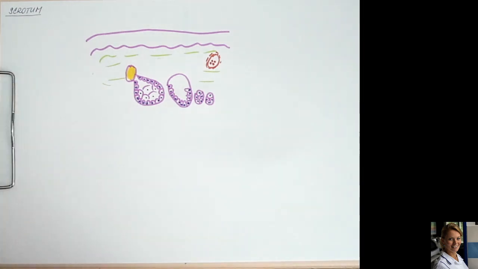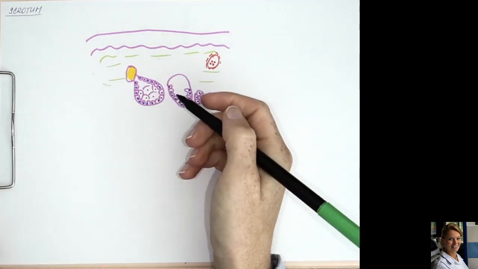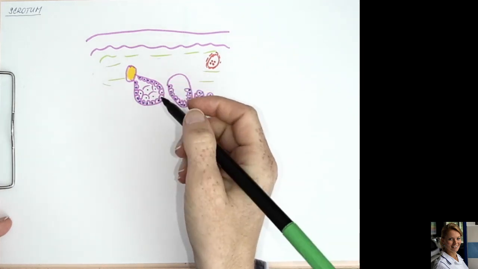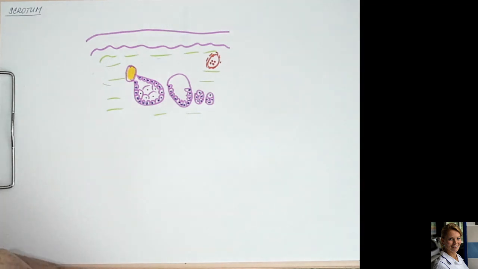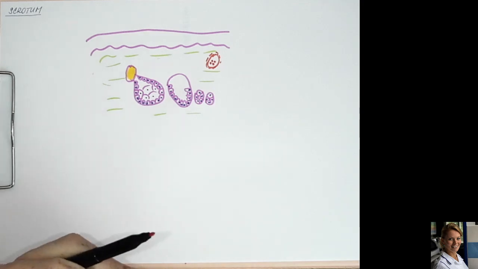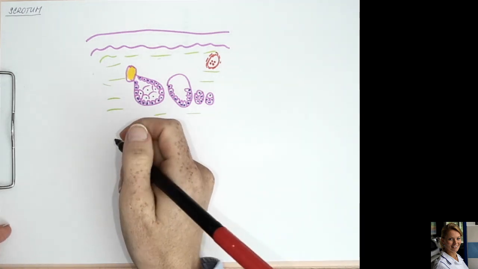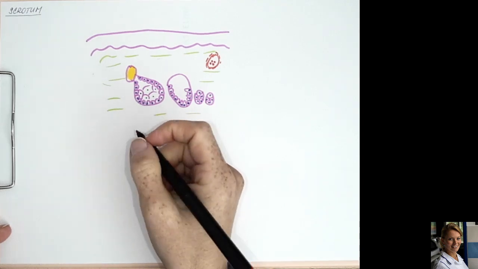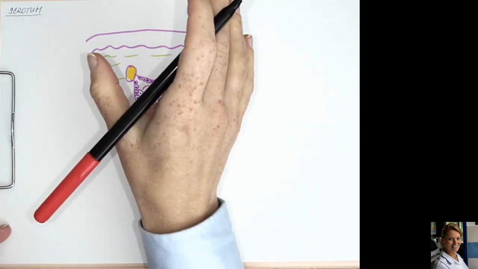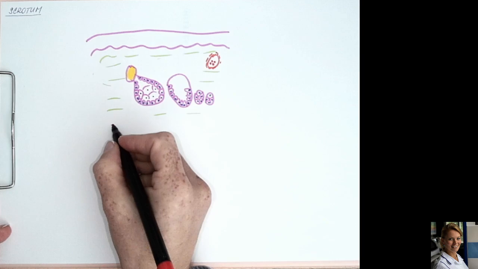Deeper, there are smooth muscle cells, and their contraction or relaxation also helps to move the testicle closer or farther away from the abdominal cavity.